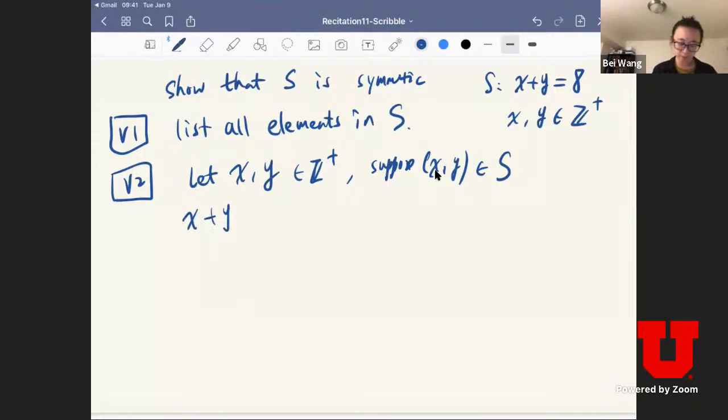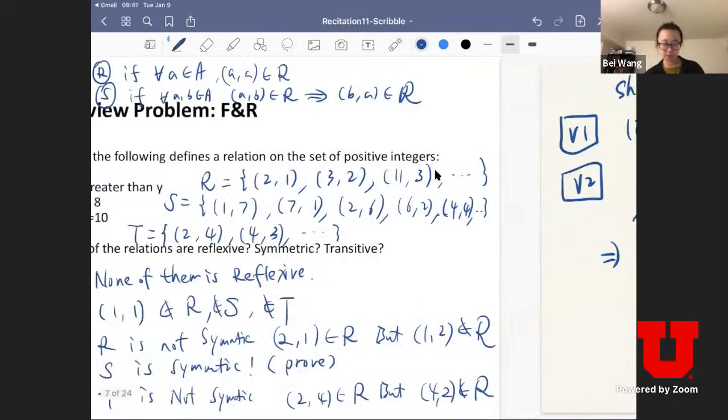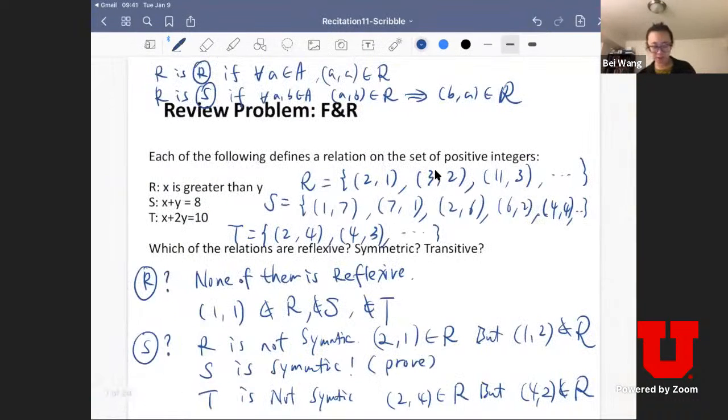That means x plus y is equal to 8. I can permute it without changing the equality, which is y plus x is equal to 8. This implies by the definition of S that y, x is part of S. So that is a proof that the second relation S is actually symmetric.